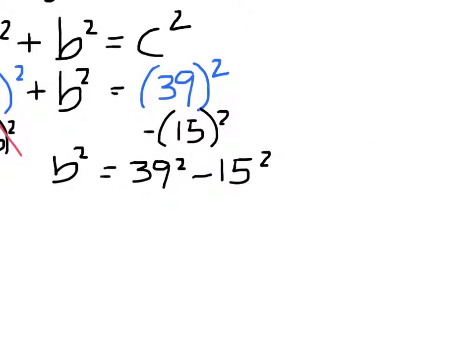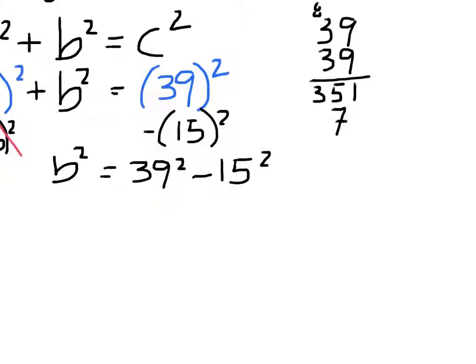So 39 squared, 39 times 39. 9 times 9 is 81. Put down the 1, carry the 8. 3 times 9 is 27, plus 8 is 35. Okay, then the next one is 3 times 9 is 27.